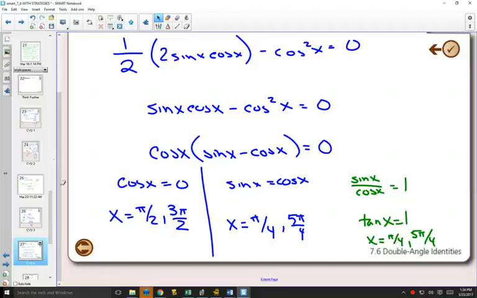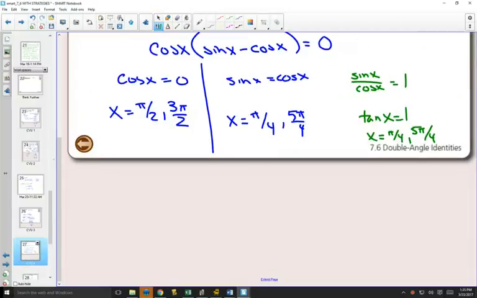On the back side of your identities, the one where you had all those proofs, are a bunch of solving questions. So on the back side of that, these are the numbers that I would like you to do.